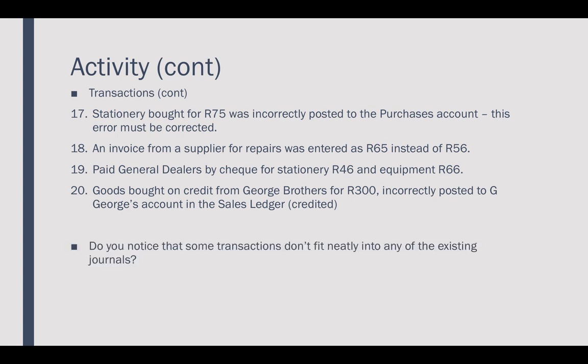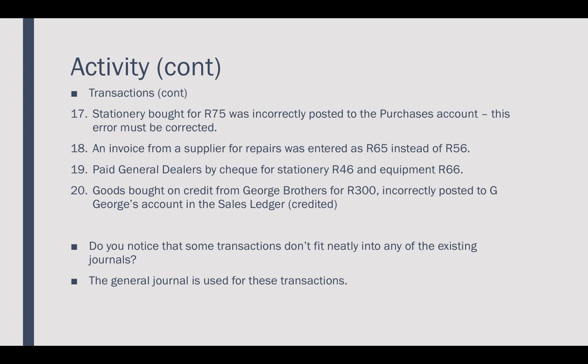Do you notice that some of the transactions did not fit neatly into any of the existing journals you've already learned? We pop them into your unlabeled envelope or container. The general journal is the journal that we are going to use for these transactions. Interestingly, they are not even similar to each other.